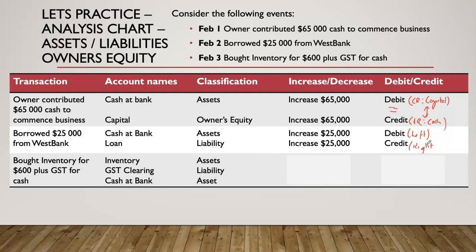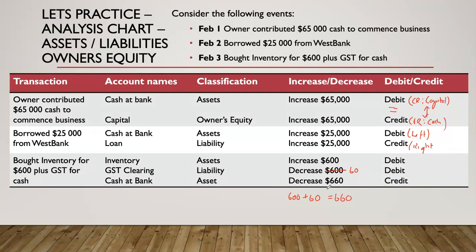And my cash clearly goes down because I'm buying inventory. So my inventory goes up by $600 because I bought inventory of $600. My GST clearing decreases not by $600, that is a mistake, but by $60. And because I'm paying it, I owe less to the government. And my cash goes down by $660 because I'm paying for $600 of inventory plus $60 of GST.